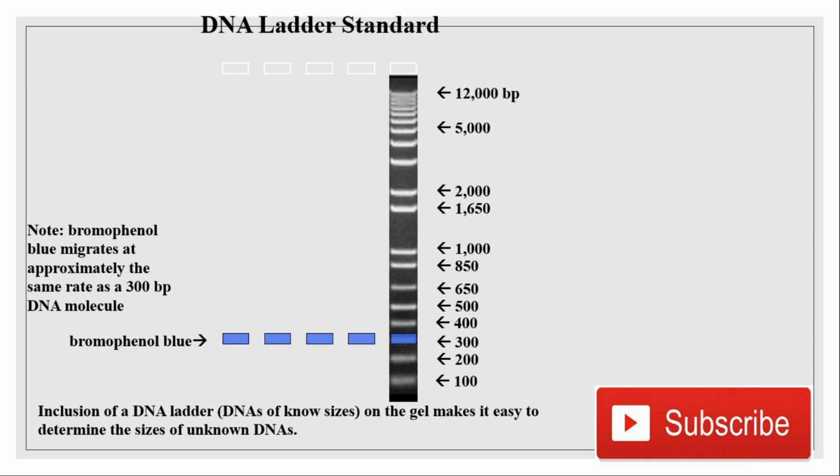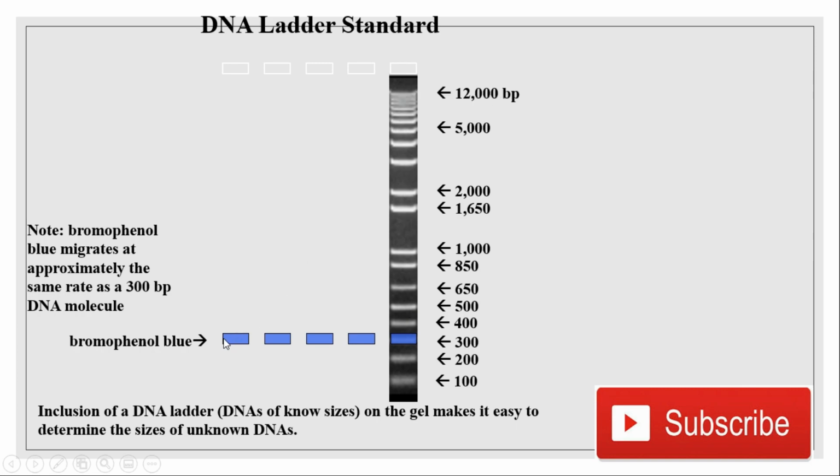So the first one and the last one, both sides you can use for the ladder, because for the ladder we have the known sequence. Specifically, if we are using the 100 base pair, 50 base pair ladder, or 1 kb base pair ladder, the size of each band we know, because you can see here, the first one is 100, the second one is 200, the third one is 300, and the last one is 12,000 base pair.